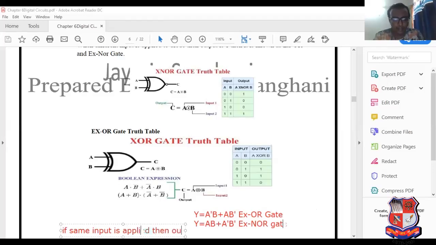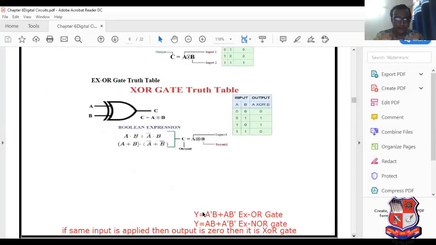And what is the XNOR gate? If the same input is applied, then output is 1. Then it is known as XNOR gate.